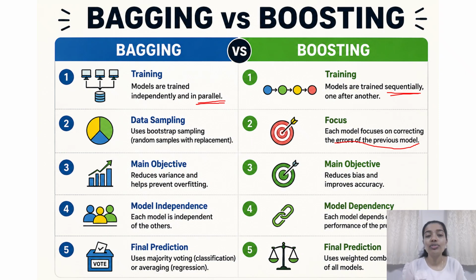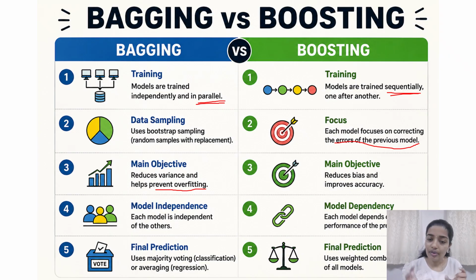Then the main objective of bagging is to reduce the variance. Variance is overfitting, so we try to prevent overfitting in bagging. That is complexity; we try to reduce the complexity. Whereas in boosting, we try to reduce the bias so that we improve the accuracy, or we are trying to reduce the underfitting.